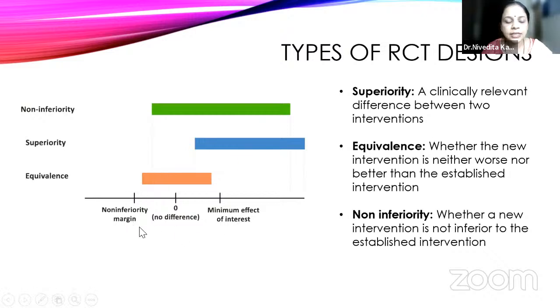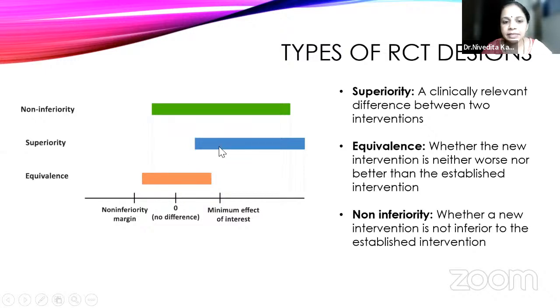So in order to do this, we need to establish from the existing literature of either randomized controlled trials or other cohort studies, a non-inferiority margin. The line of no difference means that there is no difference between the two treatment groups, and then there is the minimum effect of interest. Anything that extends in between the non-inferiority margin and the minimum effect of interest is an equivalence trial.